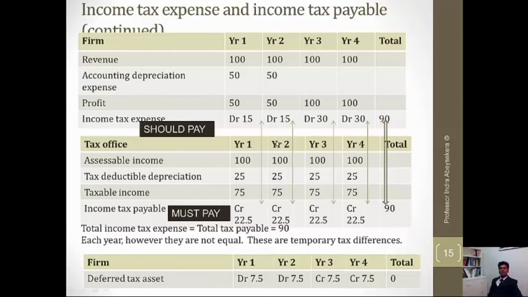These differences arise because accounting applies accounting principle, tax office applies tax rules. And these differences across years, which are temporary, are called temporary differences.